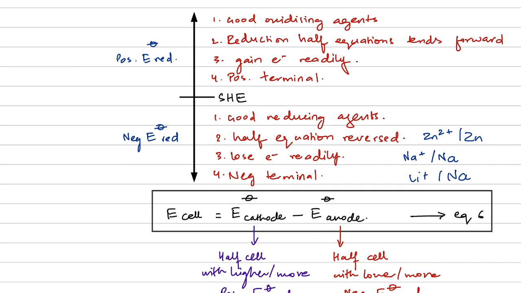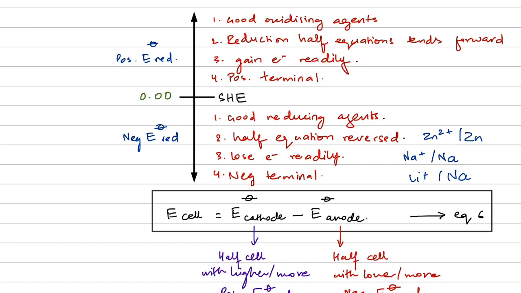Then we talk about how standard reduction potential helps us determine whether something will oxidize or not. Standard reduction potential can be a positive value, a negative value, or 0.00 volt, which is the value considered for the standard hydrogen electrode.